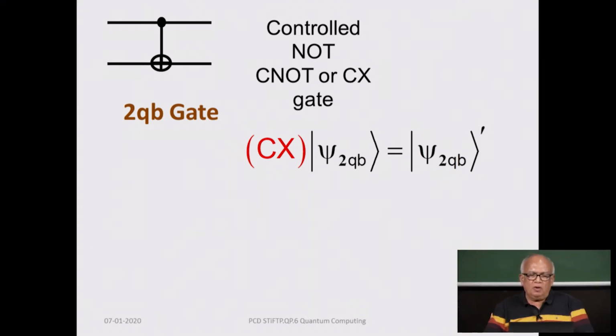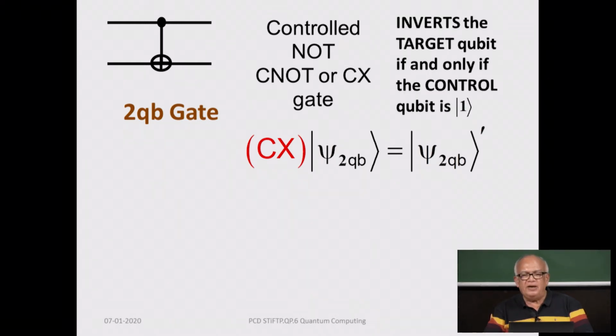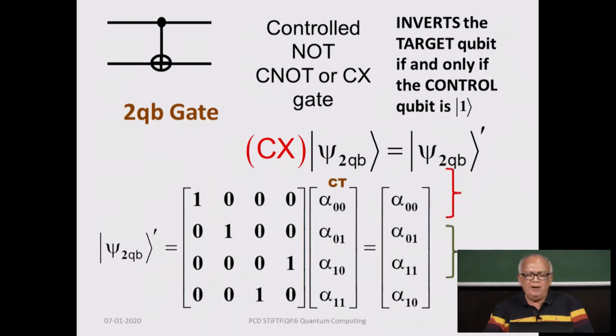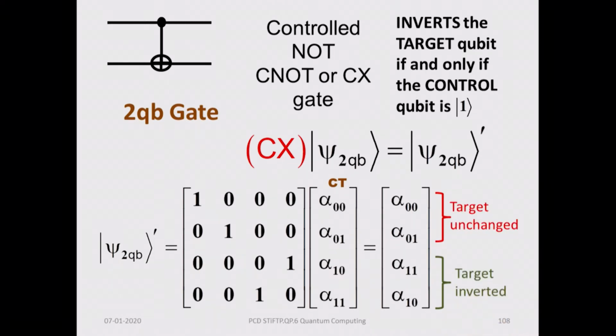So, the controlled-NOT gate operates on a 2-qubit system to give you a new 2-qubit state, which is the one on the right hand side of this equation with a prime, and it would operate on the target only if the control qubit is 1, and this is how it operates. So, this will be a 4 by 4 unitary matrix transformation, right. So, it will preserve the norm and so on.